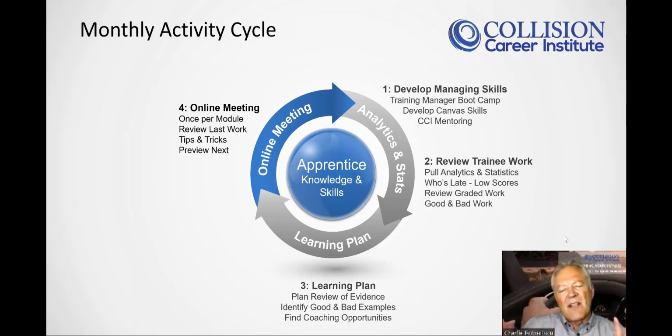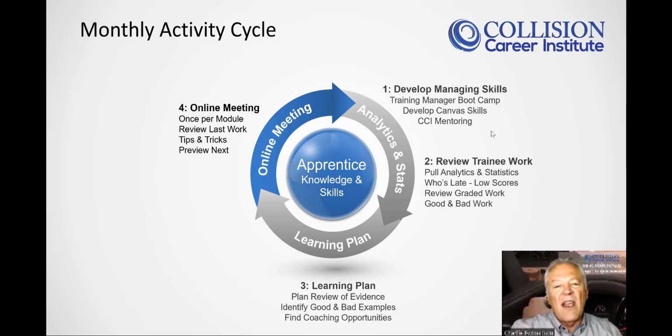What the monthly activity cycle looks like is pretty much demonstrated in this circular model right here. So there's a process of analytics and statistics that are available through the learning management system, where they can quickly identify who's struggling, who's having issues, what are the issues they're having. And they can pull these stats in a matter of moments.